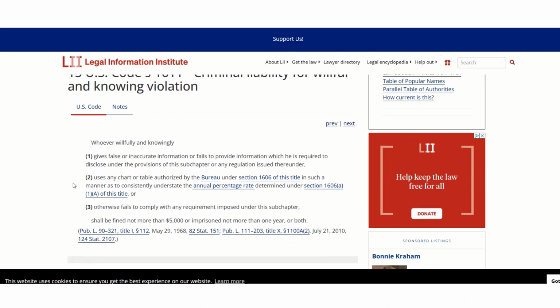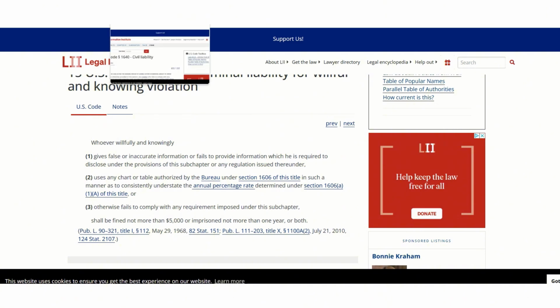Whoever willfully and knowingly gives false or inaccurate information or fails to provide information which he is required to disclose under the provisions of this subchapter or any regulation issued thereunder shall be fined not more than $5,000 or imprisoned not more than 1 year or both. So the finance charge is inaccurate. That's one violation, and we could get $5,000 for that.